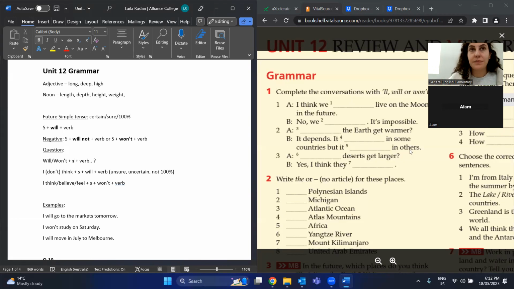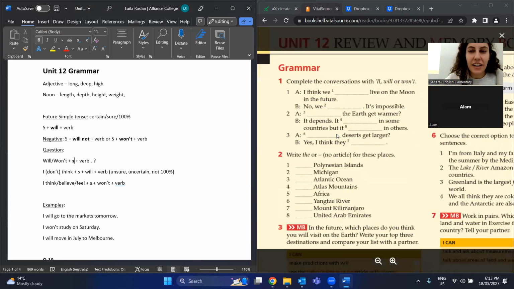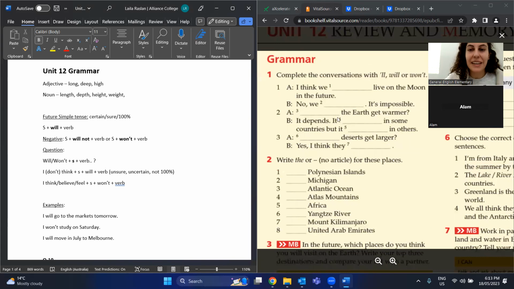Yes, it will, double L. We only attach the 'll to will: I'll, you'll, he'll, she'll. But it sounds strange to say it'll in some countries. You have to separate it. It will in some countries, but it won't in others. So we could put the contraction in the first one: I think we'll live on the moon.